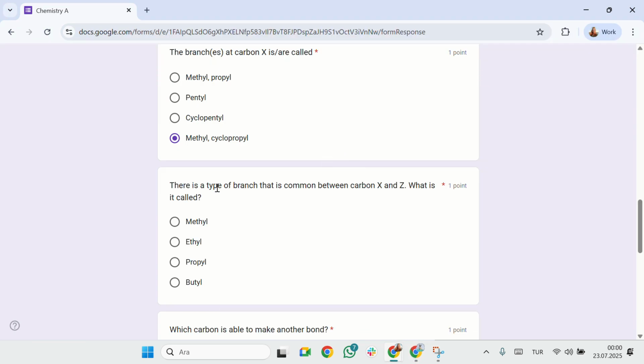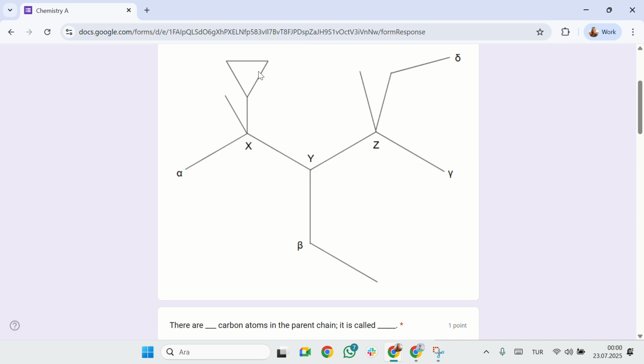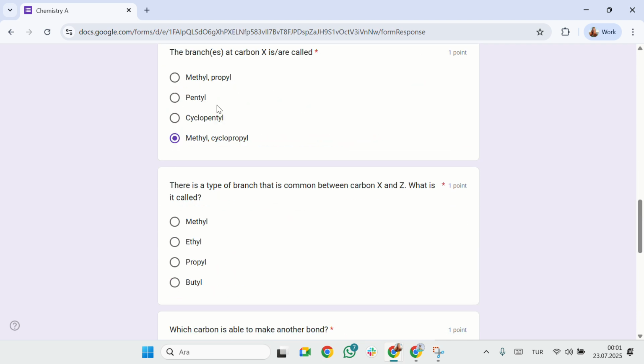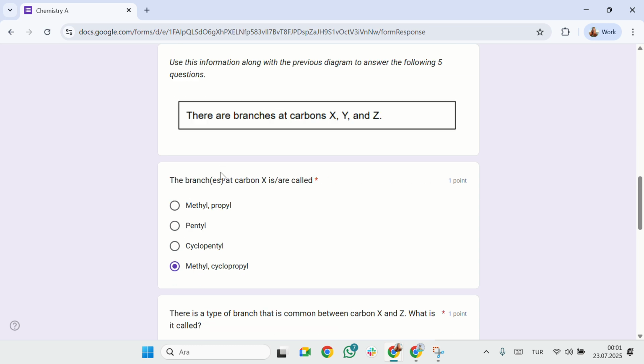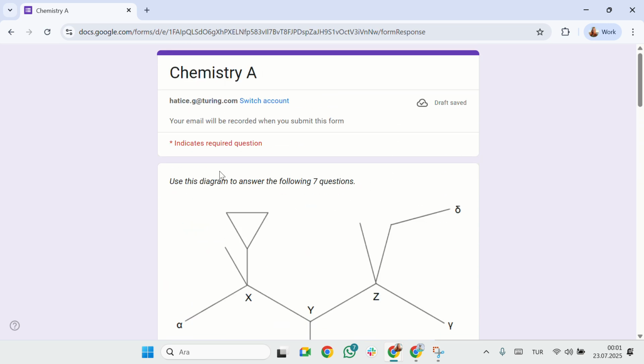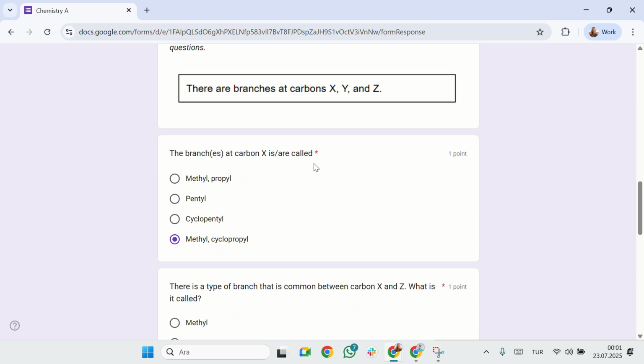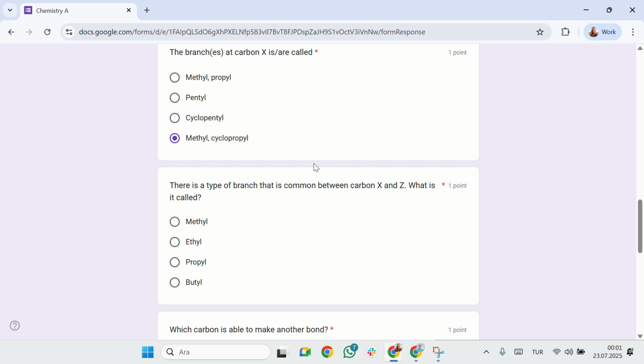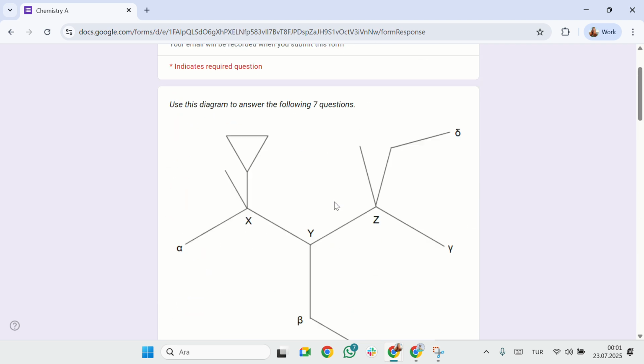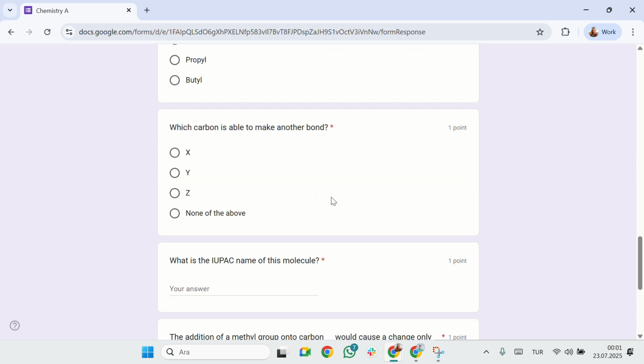There's a type of branch that is common between carbon X and Z. So what is it called? If I'm saying this is a cyclo type of molecule, then this is methyl. This should be methyl if I'm trying to be consistent with myself. Then I should go with methyl, right? Yeah, I should go with that.